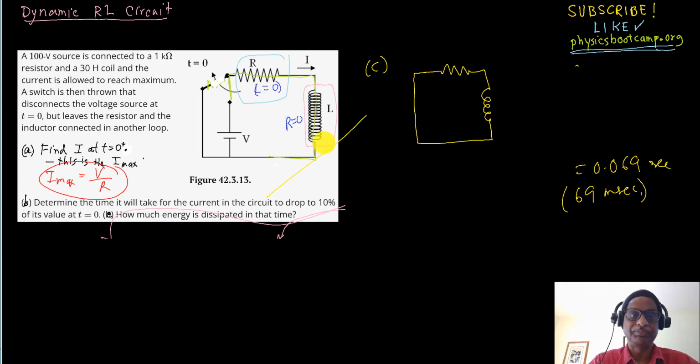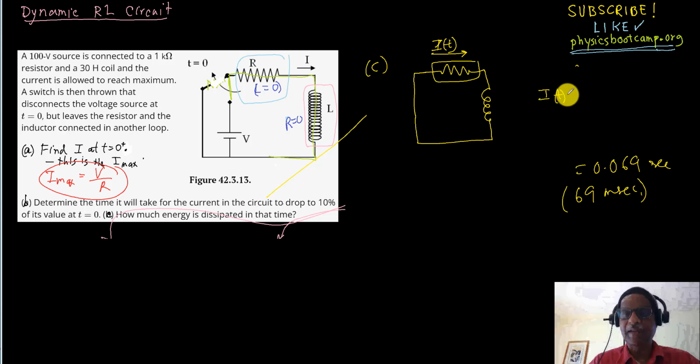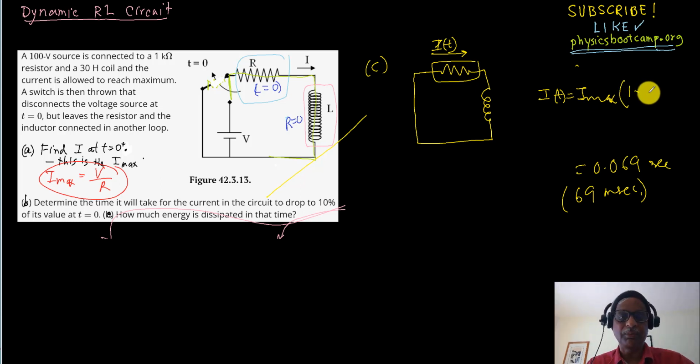This is the circuit that we're talking about, and this is the place that the energy will be dissipated. So at some time you have I of t, and I of t is given as I max, or I max 1 minus e to the minus R t over L. No, not 1 minus.